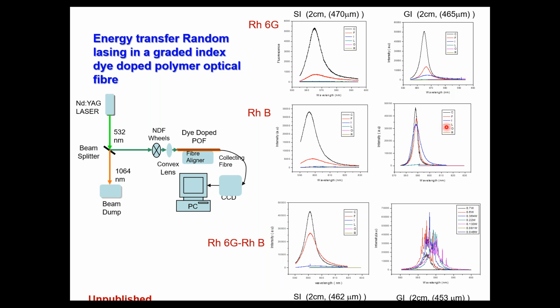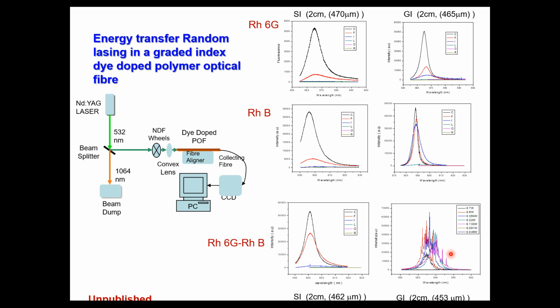And what is interesting to note here is that this is a graded index structure, similar in diameter and all other dimensions. Here, a rhodamine 6G doped graded index fiber, and this is a rhodamine B doped graded index fiber, and this graded index fiber is doped with a combination of these two.